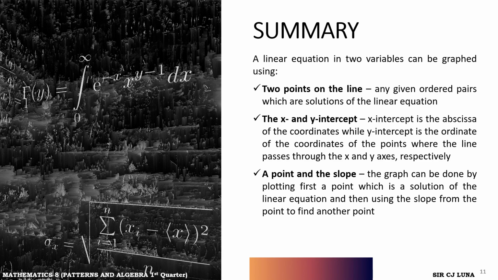Kapag naman using the two intercepts, x-intercept is the abscissa of the coordinates, while y-intercept is the ordinate of the coordinates of the points where the line passes through the x and y axis, respectively. Kapag naman a point and the slope, the graph can be done by plotting first a point, which is a solution of the linear equation, and then using the formula for the slope from the point to find the second point. Okay?